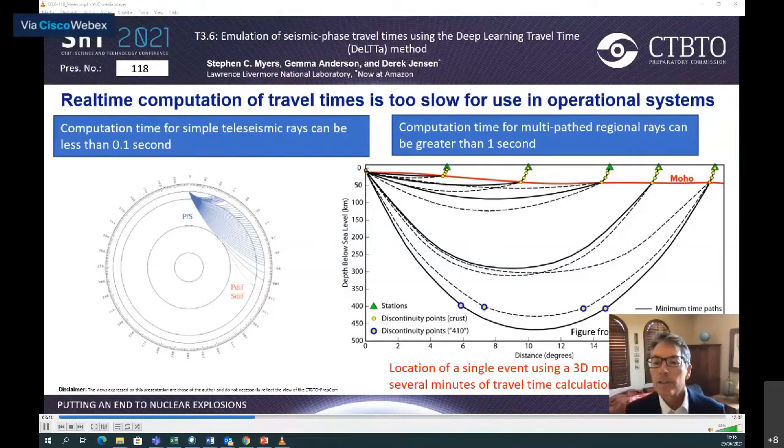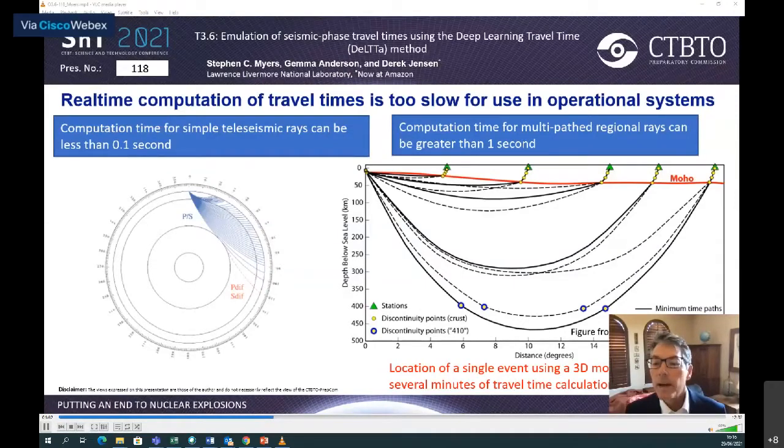However, for regional phases, Earth's structure is more complex, and rays that take significantly different paths can arrive at close to the same time. This is shown in the chart on the right, with black lines representing the earliest arriving rays and dashed lines representing rays that arrive within 2/10 of a second of the fastest ray.